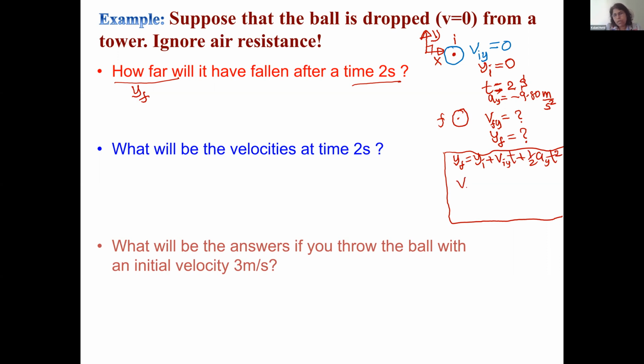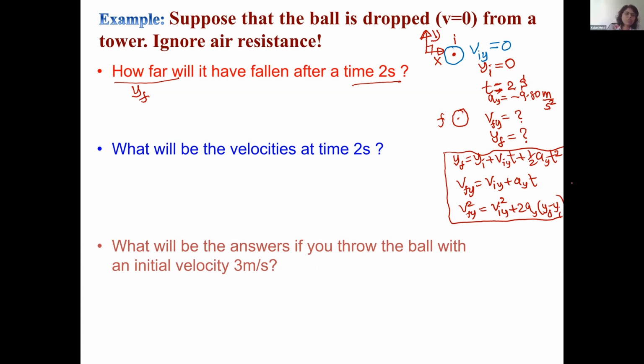That is one equation. And V final Y direction equals V initial Y direction plus acceleration Y direction and time. V final Y direction squared equals V initial squared plus twice acceleration Y direction times Y final minus Y initial. Those are the three equations in Y direction.